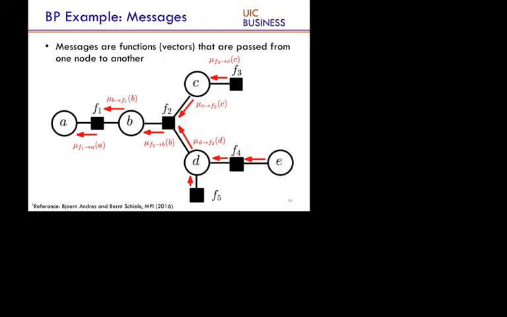Then this node will have 2 input messages at the end of the day. This one will have 3 input messages, right? You can just use those messages to compute marginals for all A, B, C, D, E at the same time. So all it needs is one full propagation, two passes. Yeah, 2 passes is enough to compute marginals for all the random variables. Which was not the case for variable elimination anyway.